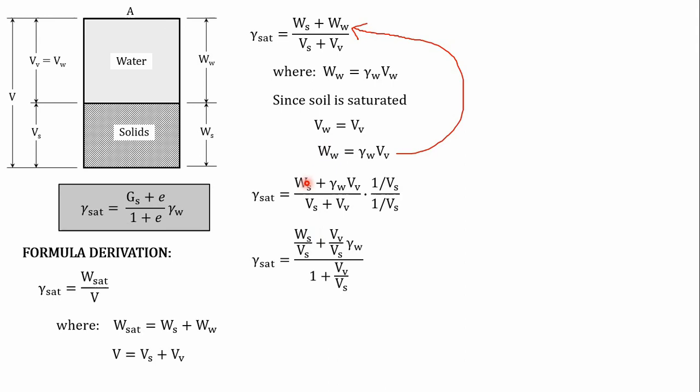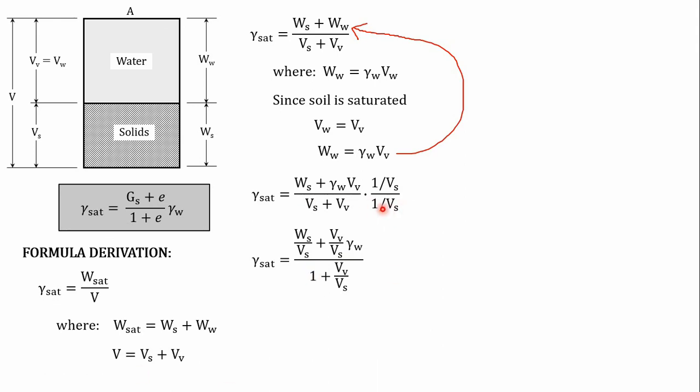Okay, ganito siya. And then ito times dito, so we have volume of voids divided by volume of solids times unit weight of water, divided by 1 plus Vs times 1 over Vs, that is equivalent to 1.